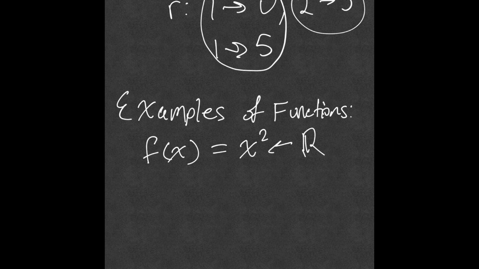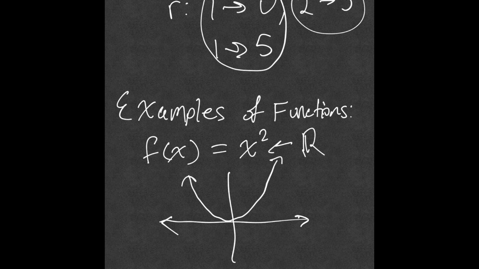And you can see that with simply a graph. Okay, so x squared looks something like this. And if you remember from geometry, the geometric interpretation of this function is it's a parabola. It has parabolic qualities such that no matter which x value I choose, there's always going to be some y value.